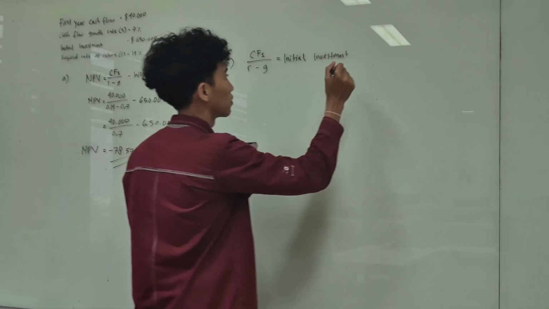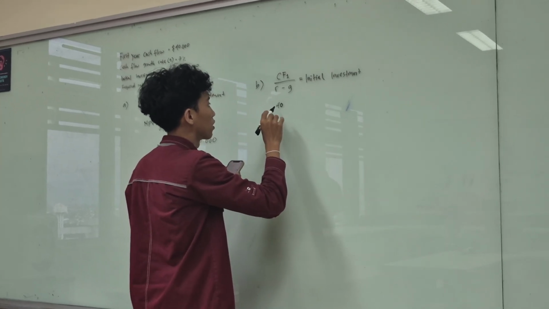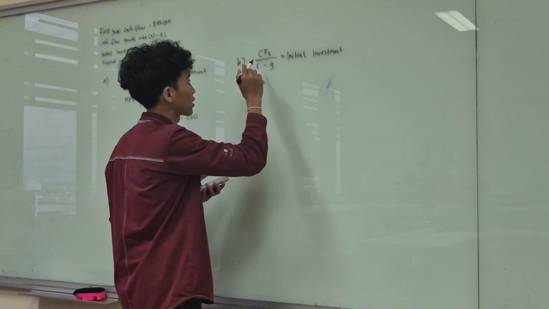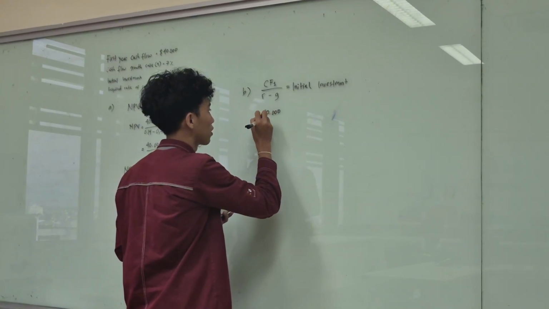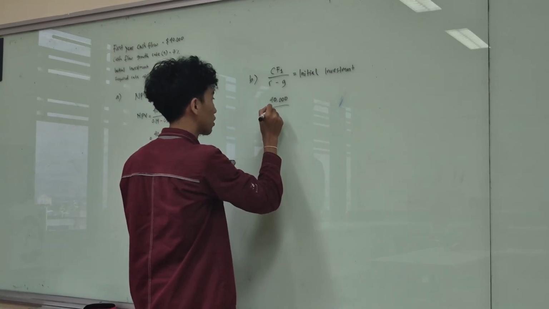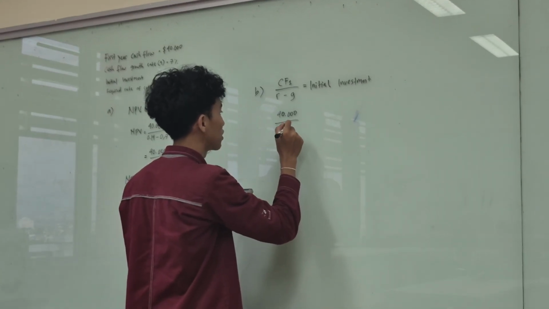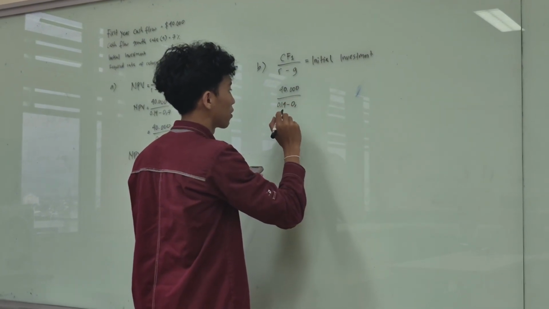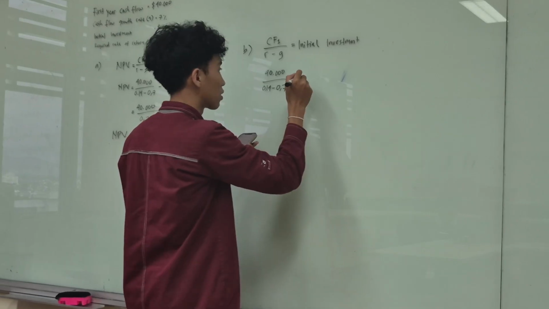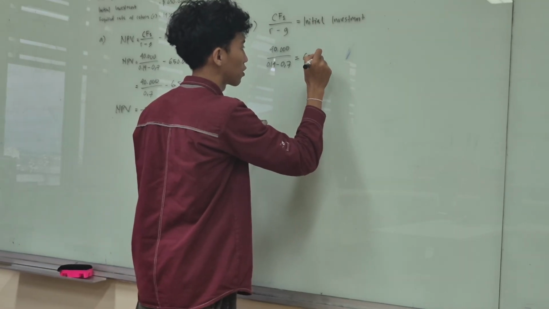So the next step is, the first year cash flow is 40,000 divided by R, which is 14%, minus G, 7% or 0.07, equal to the initial investment, which is 650,000.